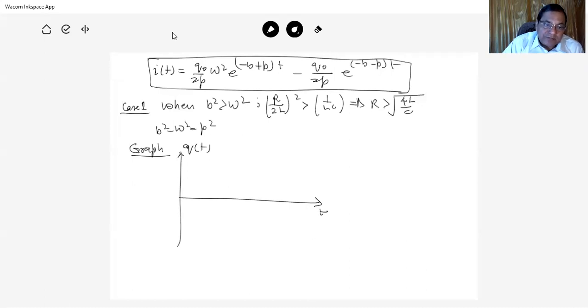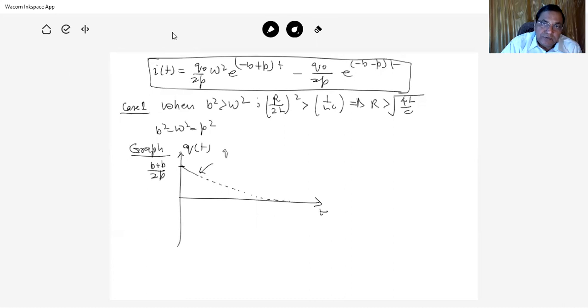The first term is (B plus P) upon 2P, and this is something like a dotted line.